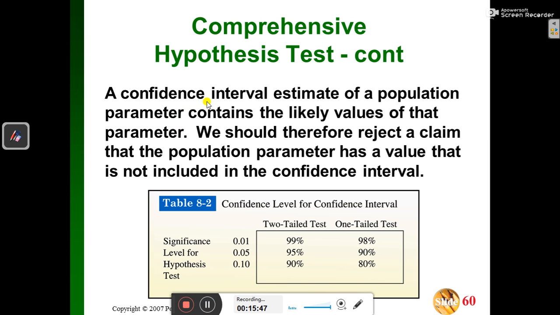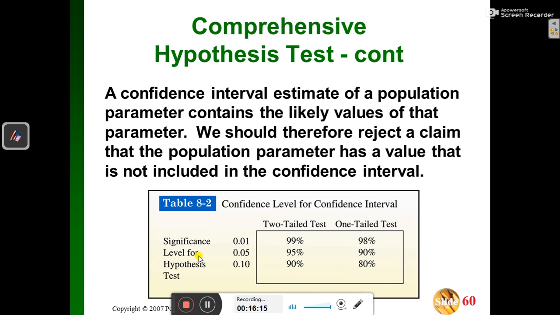A confidence interval estimate of a population parameter contains the likely values of that parameter. We should therefore reject the claim that the population parameter has a value that is not included in the confidence interval. Suppose in this table you can see the confidence level for the confidence interval.